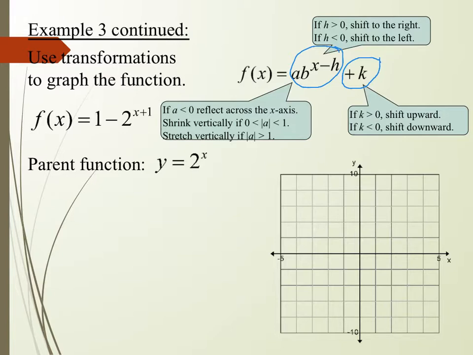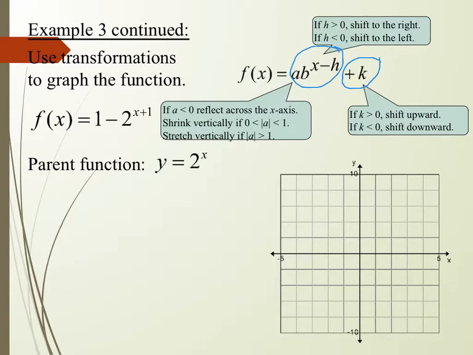Notice that, however, as the exponential function gets smaller in a particular direction, it gets closer and closer to k. So wherever k is going to end up being your horizontal asymptote as the exponent gets smaller and smaller and smaller.